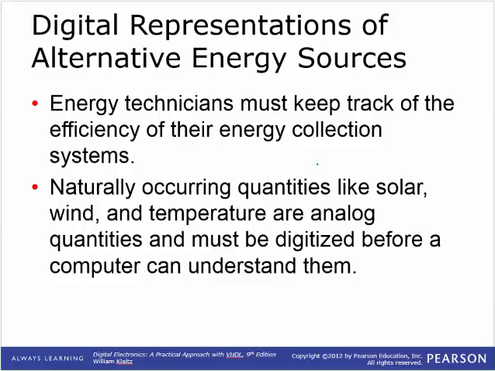A lot of things have sensors, like sensors for wind and temperature, and these are all analog quantities, and they must be digitized before the computer can use them and understand them and give you any kind of results. So pretty much we live in an analog world, but we interface with it through all of our digital instruments, computers, etc.